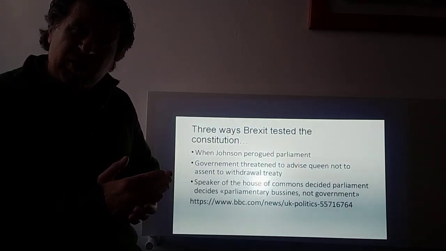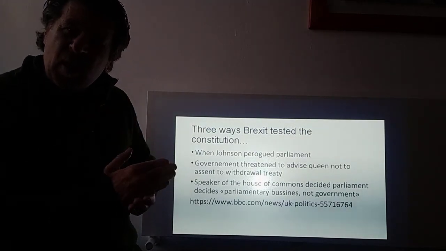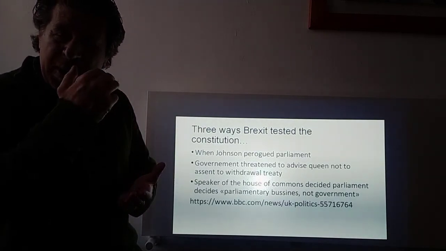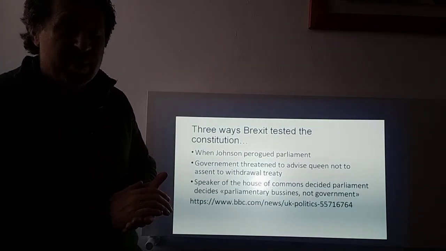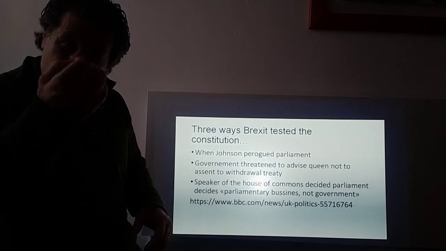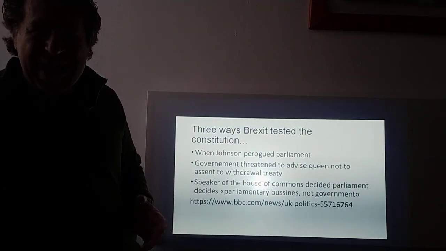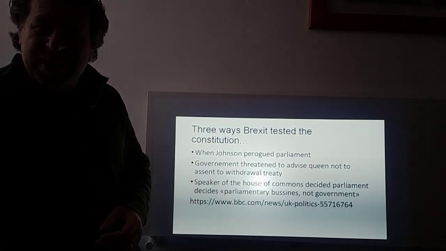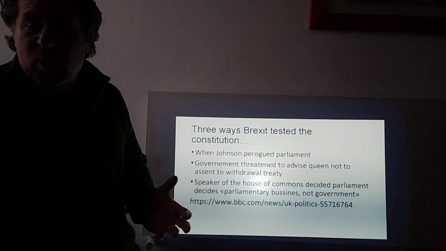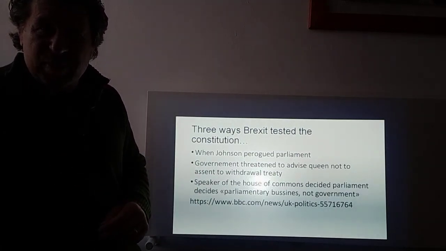And the Speaker of the House of Commons, Bercow, said, I change the constitution and allow the Parliament to decide parliamentary business. So he, one man, without any majority or anything, decided that Parliament would be able to decide when to vote and what to vote on, changing the constitution of Great Britain.